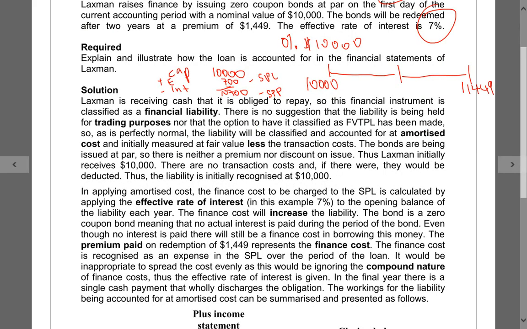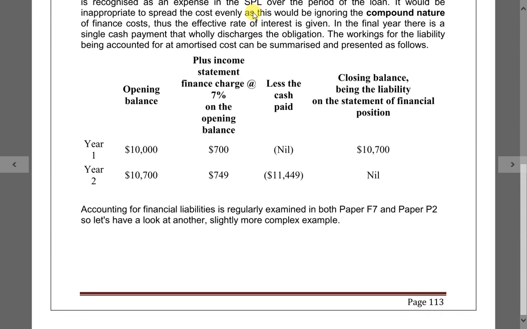You look at the answer here. They do it this way, horizontal. Plus 7%, minus. So this is SPL, SFP. Bring down, plus 7% again. 0 interest, 11,449 is the redemption.